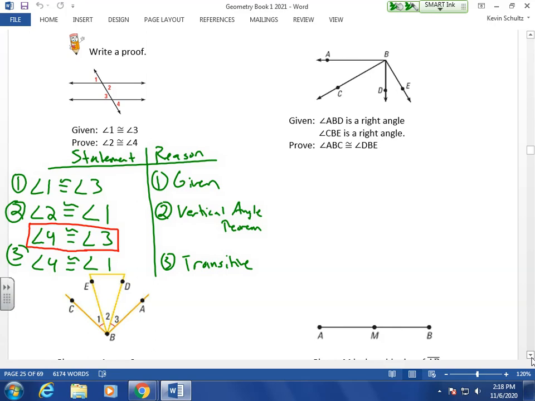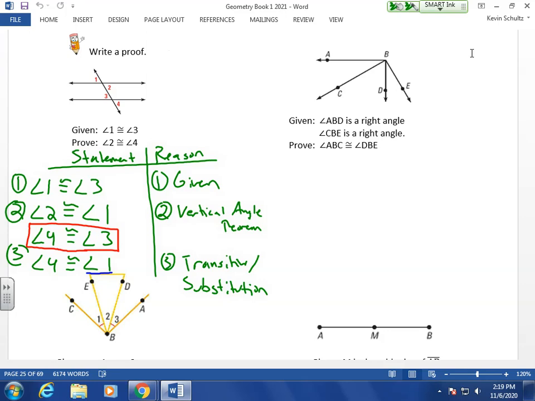Or you could also, since I literally just replaced angle 3 with angle 1, knowing that angle 1's congruent to angle 3, that would be the substitution property, right? I substituted a value for another. So either one works there. You don't need them both, but transitive or substitution. Okay, good so far? Yeah.